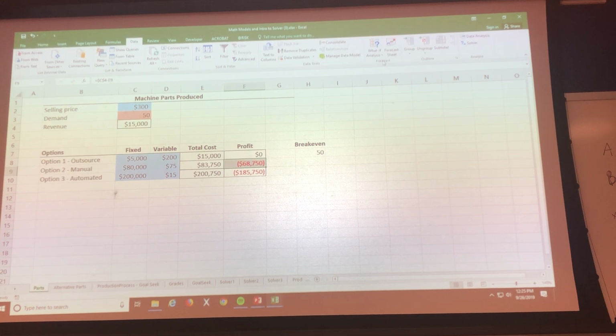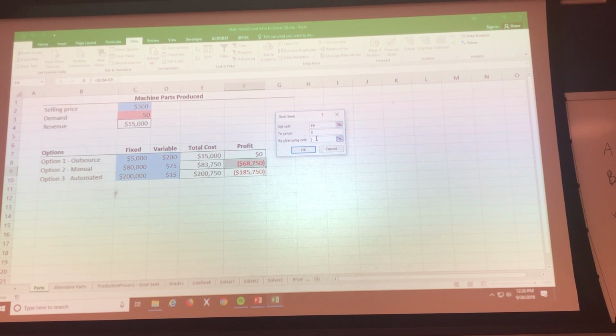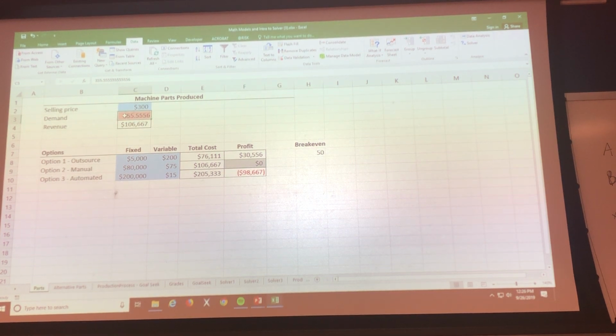Go to data, what if analysis, goal seek, and now I'm saying force that profit level to 0, by changing demand still. I click OK. Now, again, this is the number it eventually gets to, a little bit harder to get to, that makes the demand number that makes this have a profit of 0. So to break even, I actually have to sell how many units?